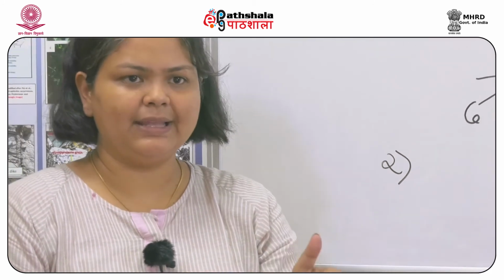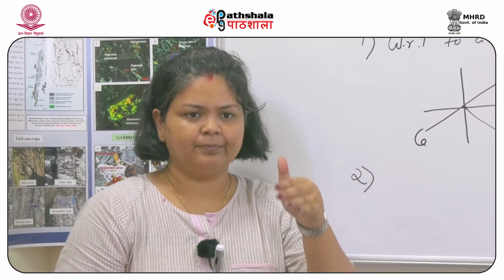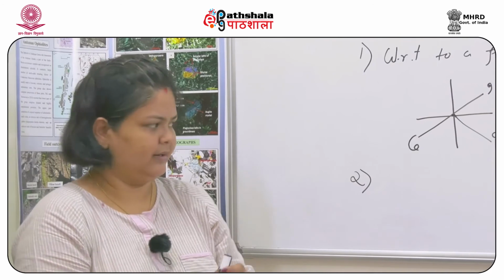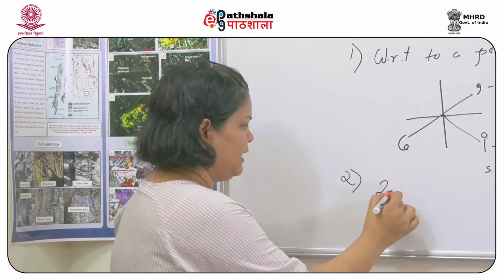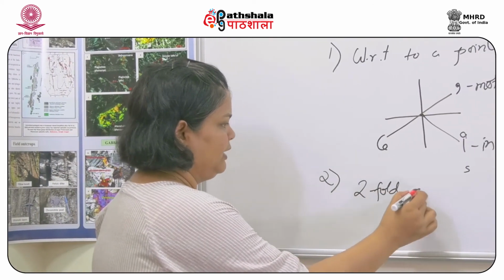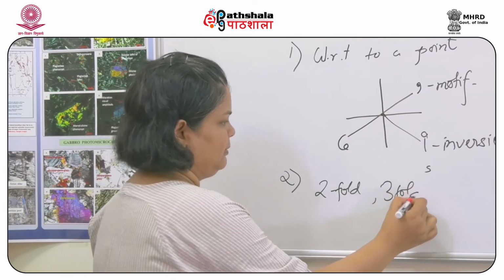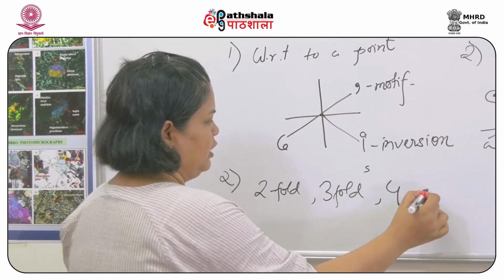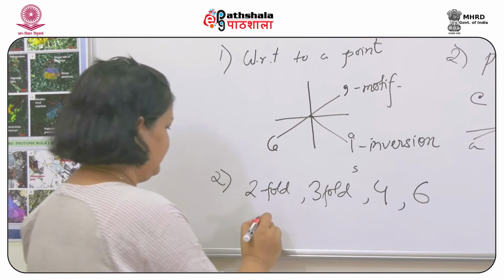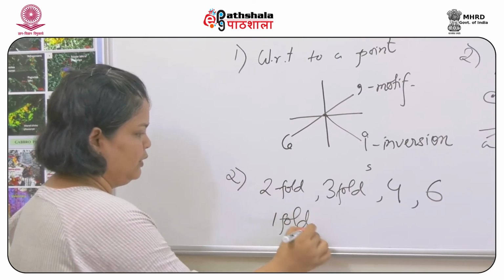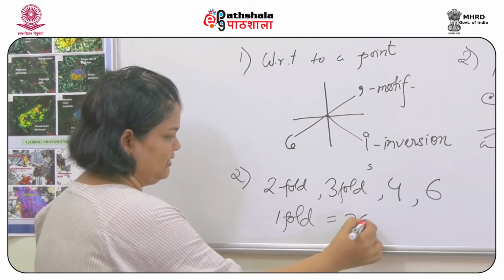Basically, we repeat the crystal faces by rotating it. We have two-fold, three-fold, four-fold, and six-fold axes of symmetry, and one-fold. One-fold is nothing but repeating it by 360 degrees.